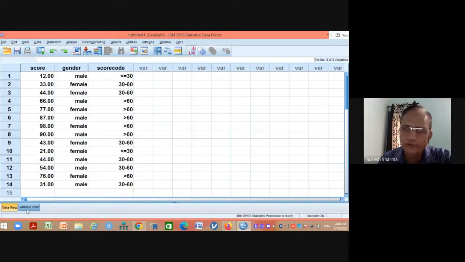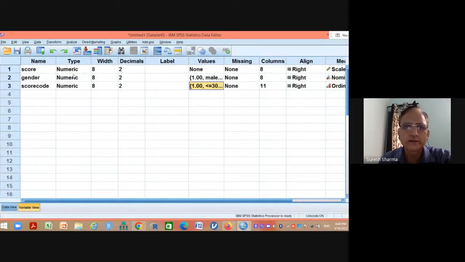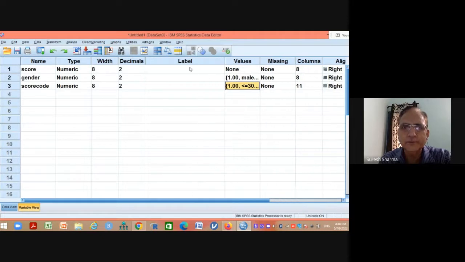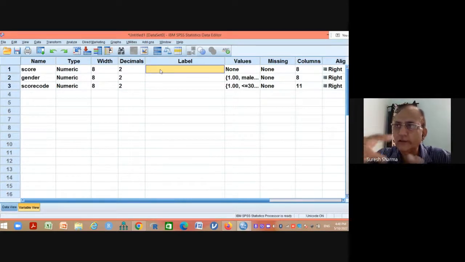You go to the variable view, and you can specify the name here, that this is a score of what. There is a label here. You can specify the label so that somebody who is getting the file for analysis will come to know what this variable stands for. Let's say these are scores of the students.